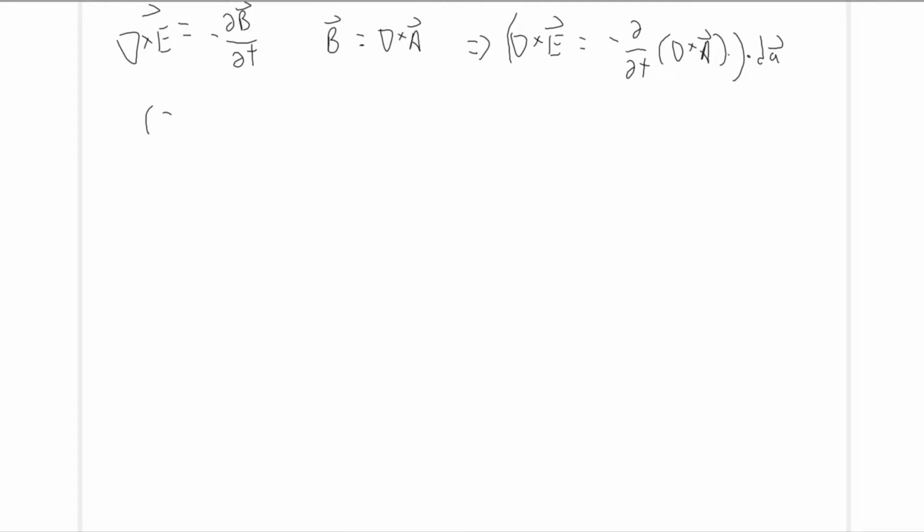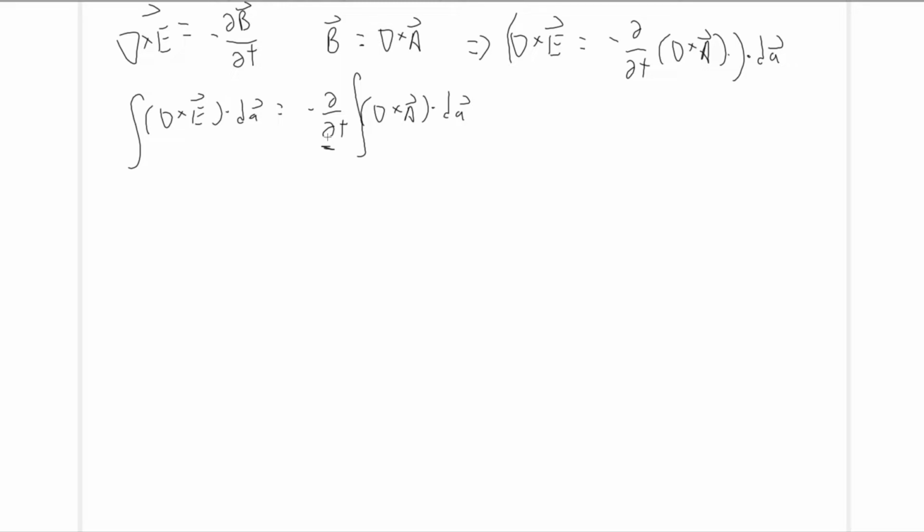We're going to be left with this on this side equals negative d dt of curl of A dot dA. Now since we have differentials on both sides, our next line of defense is to integrate both sides. Remember that this is fine because integration and differentiation commute in order.